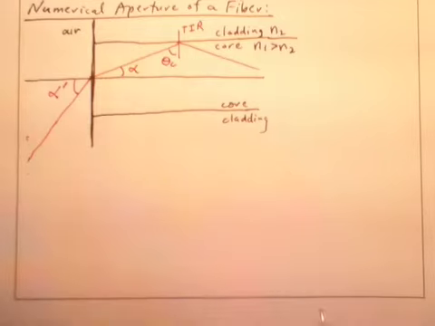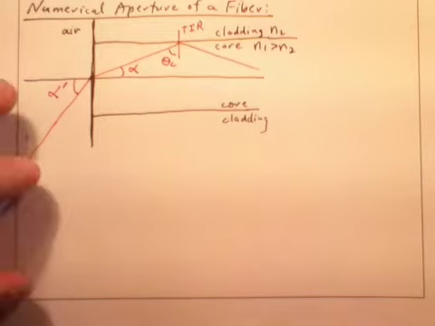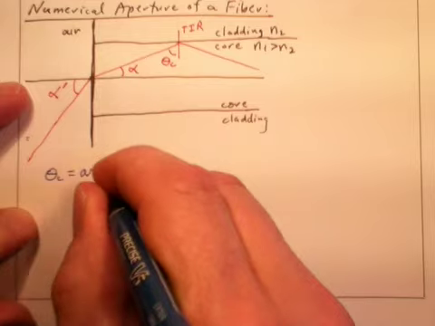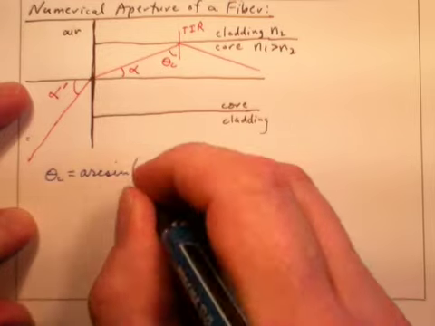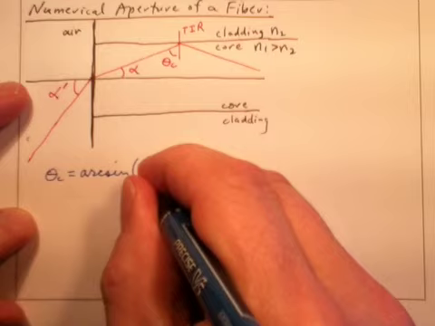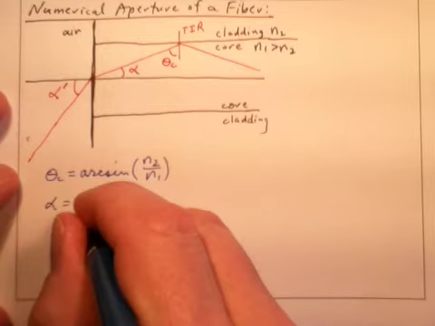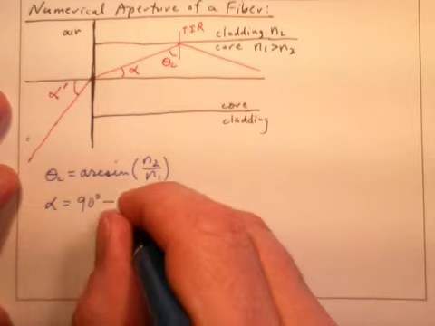And I'm going to go ahead and apply Snell's law. First of all, I'm going to write down the equation for the critical angle. It's the arc sine of N2 over N1. We know that. We also know that alpha is 90 degrees minus the critical angle.